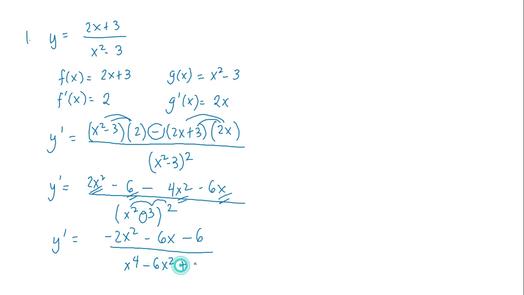Negative 3 times negative 3 is positive 9. Alright, so therefore, the derivative of y equals 2x plus 3 over x squared minus 3 is y prime equals negative 2x squared minus 6x minus 6 all over x raised to 4 minus 6x squared plus 9.